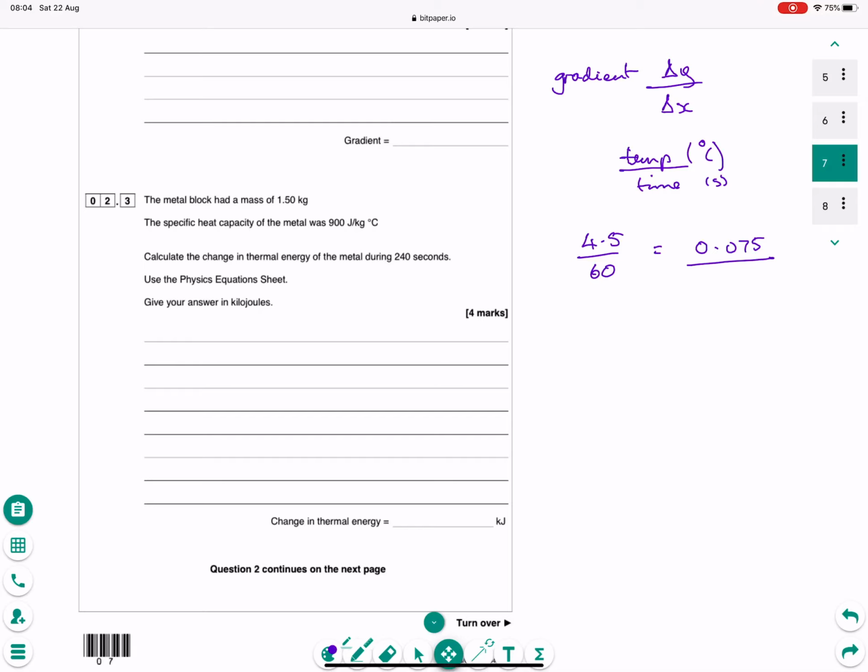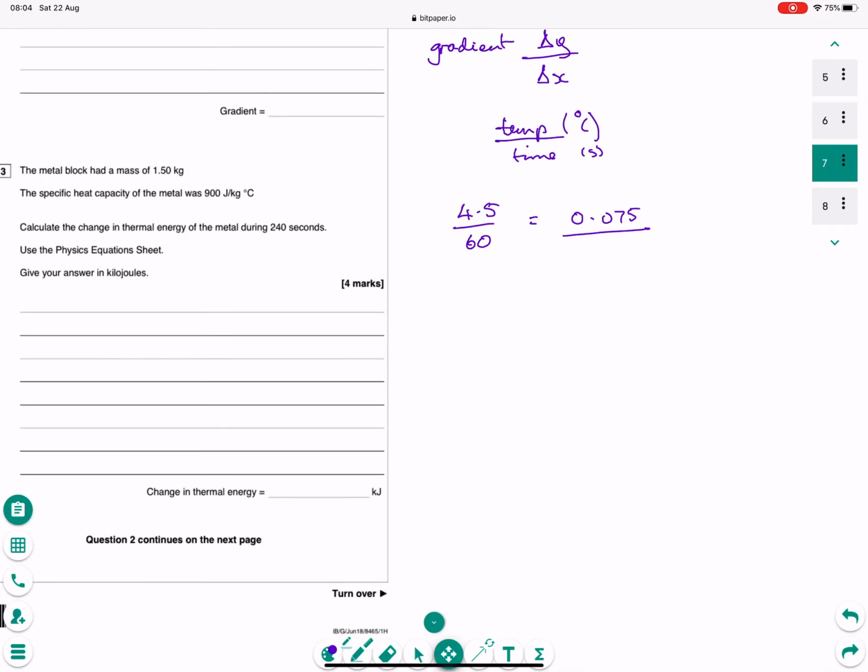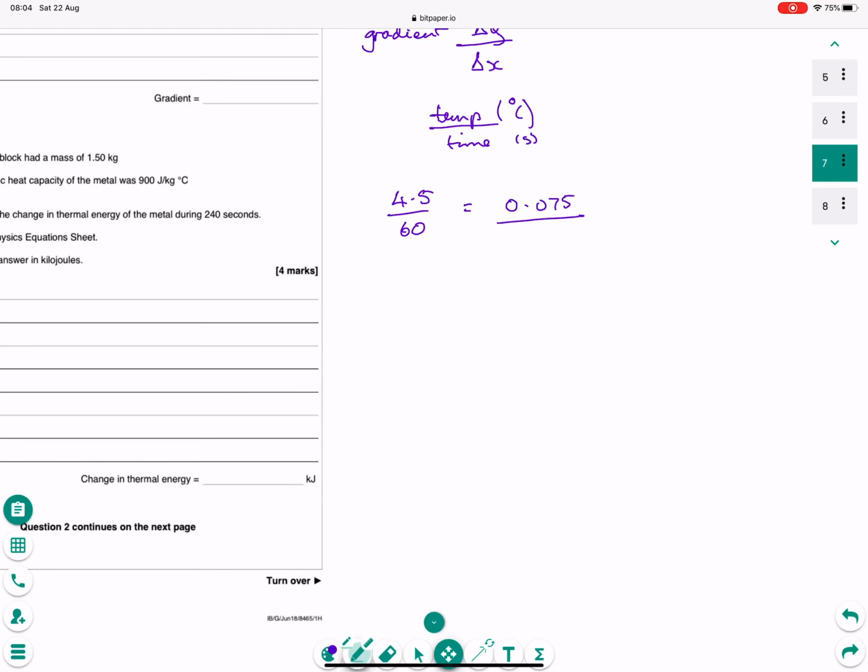Give your answer in kilojoules. Okay. Just to make you aware, this is kilo and this is joules. So 1 kilojoule equals 1,000 joules. They want the answer in kilojoules.